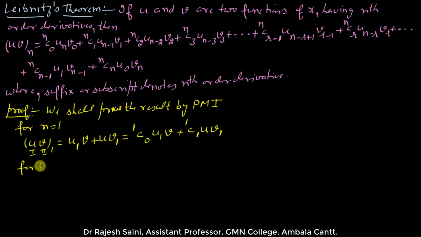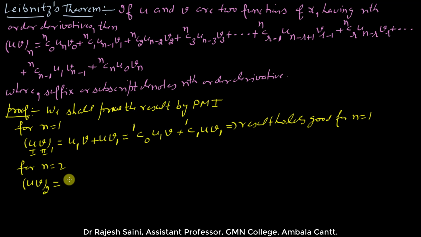So this implies result holds good for n is equal to 1. For n is equal to 2, (uv)_2 is equal to, differentiate it 2 times, (uv)_1 is equal to u_1 v plus u v_1 from the above result.